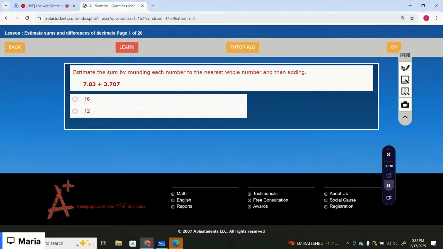Estimate the sum. Estimate the sum by rounding each number to the nearest whole number. 7.83 plus 3.707.